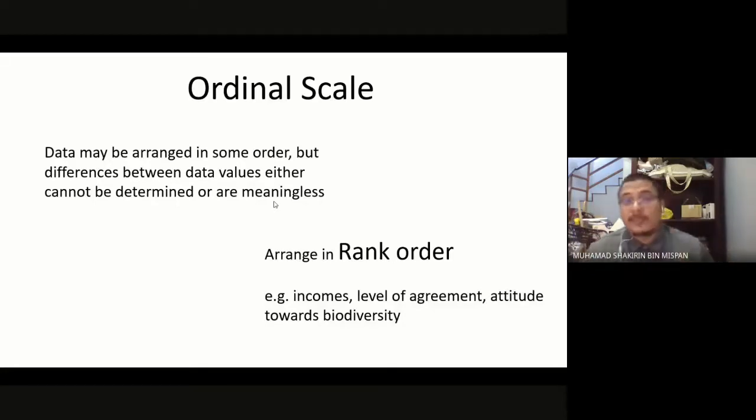When you do a survey, you have strongly agree, agree, neutral, disagree, strongly disagree. So you have order. This is what we call an ordinal scale because you have a rank order.